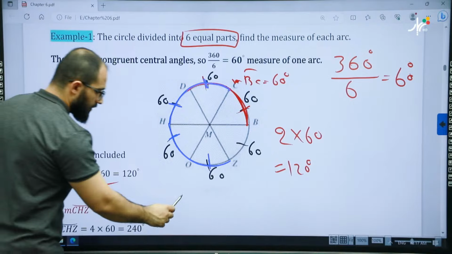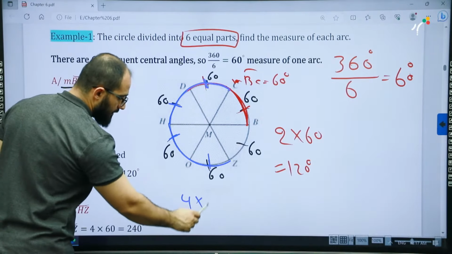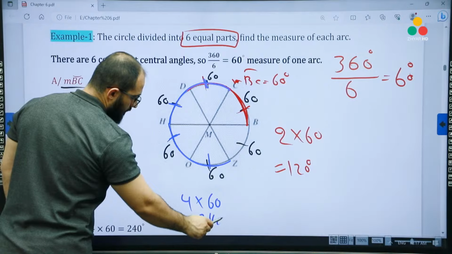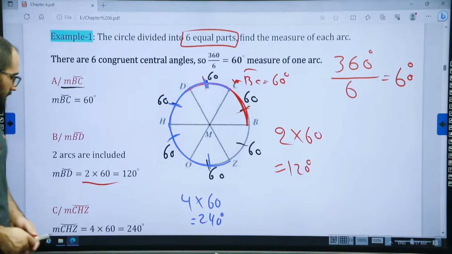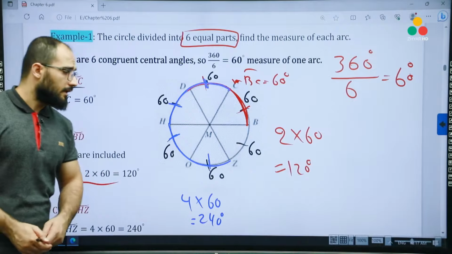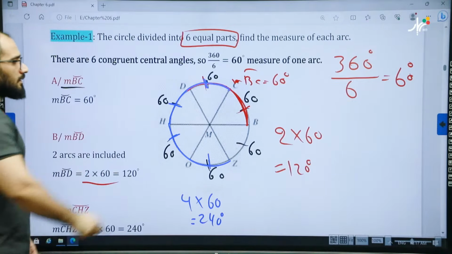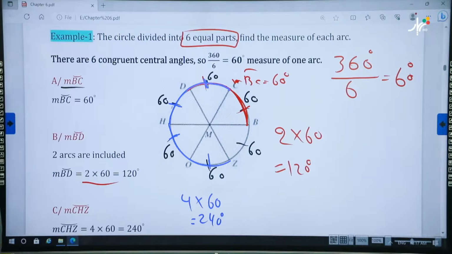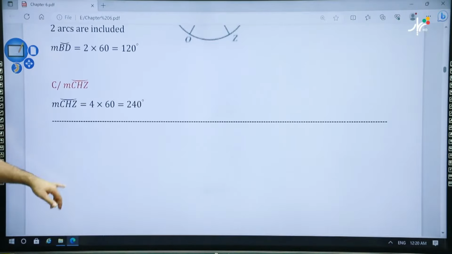The measure of each arc is 60, so 4 times 60 is equal to 240 degrees. So the measure of CHZ is 240 degrees. Why? Because 4 arcs are included, and 4 times 60 is equal to 240.